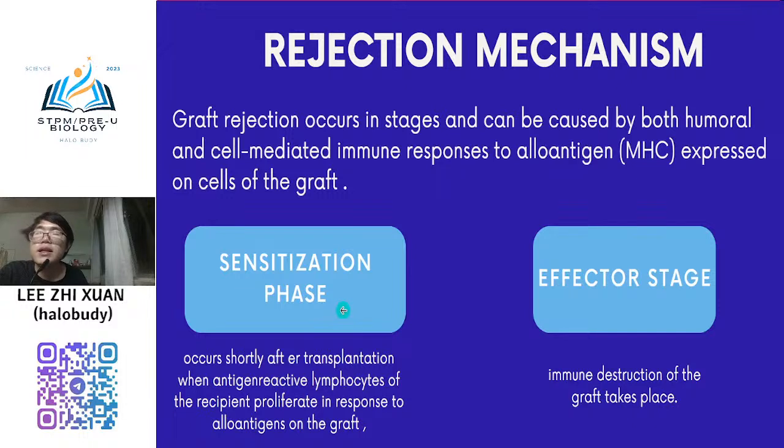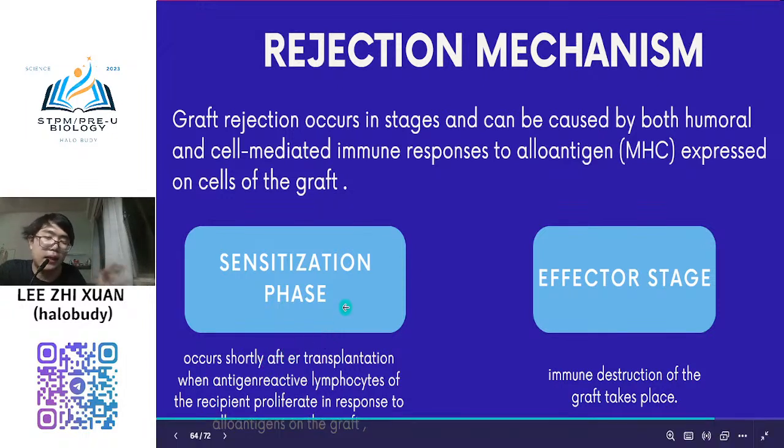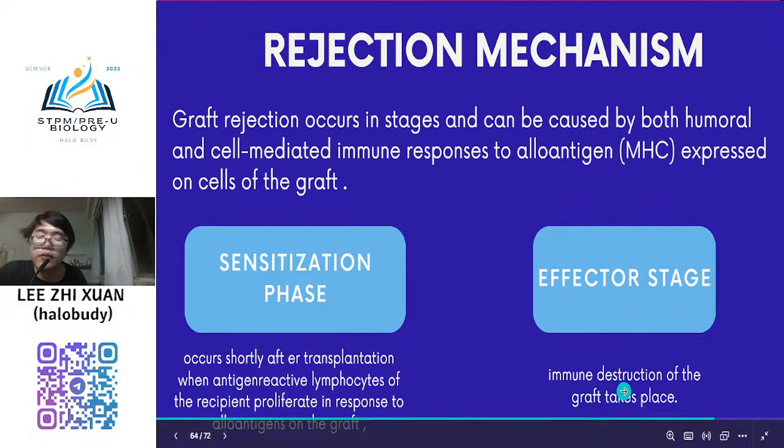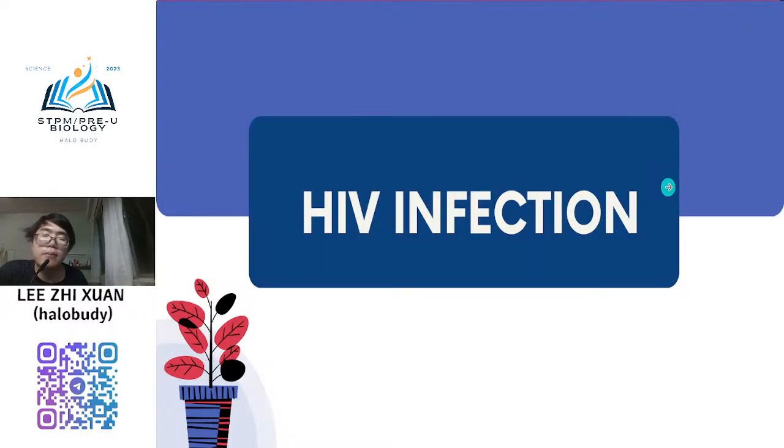Meaning that when you finish your organ transplant, then this phase will directly occur. Your lymphocytes, your B cell and T cell, will proliferate at the donor organ area to respond with the immune response. And another one is effector stage, in which the immune cell destruction of the graft takes place. Okay, so this is all about the rejection mechanism.